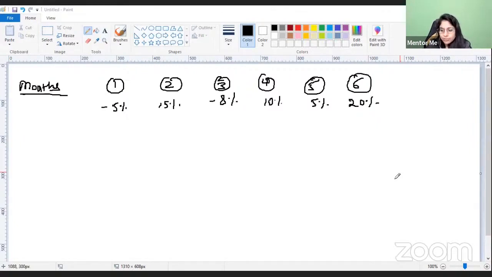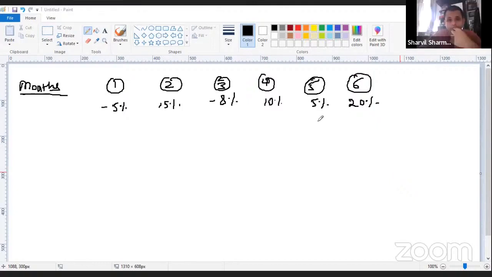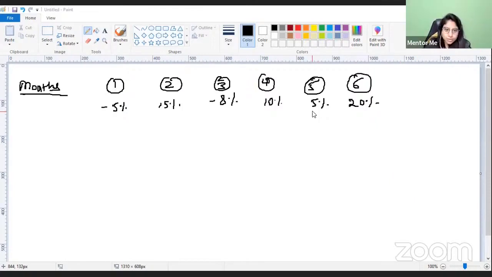Okay, so now if we have to calculate the simple average of these numbers, can we do it? What is the simple average of these numbers? Minus 9.66. Okay. Can anybody verify also? Is everyone getting the same result?